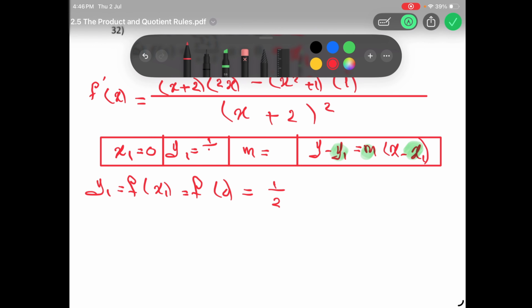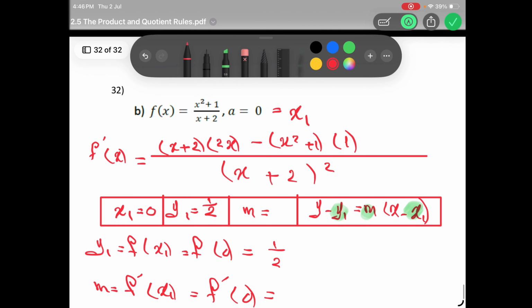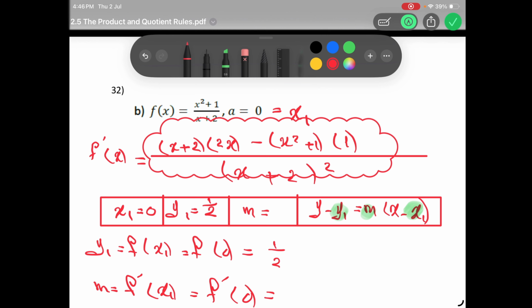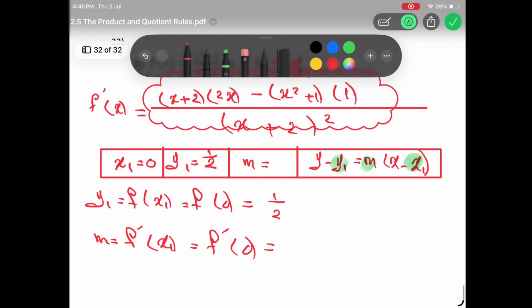We have now y1 equals 1/2, where m is f prime of x1, which is f prime of 0, and this is f prime here, beautifully given. Okay, you can use this. Just replace x by 0. So you will have the slope here of minus 1/4.